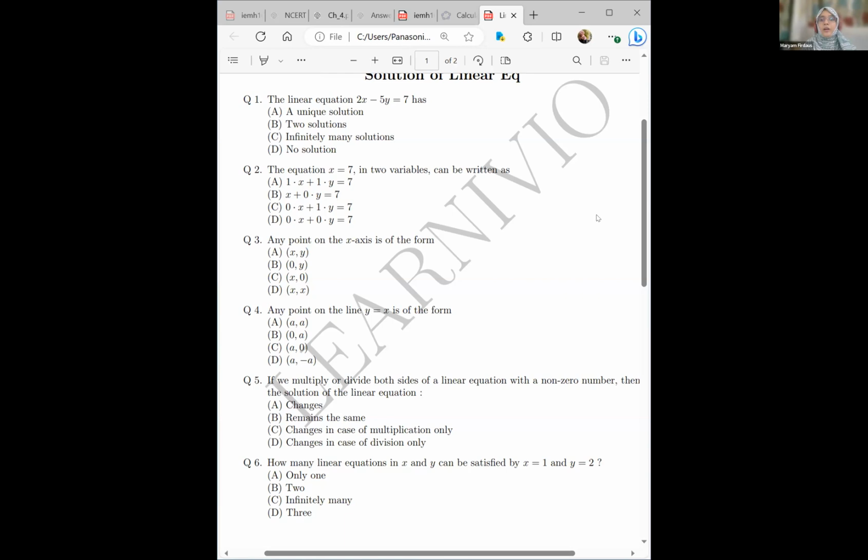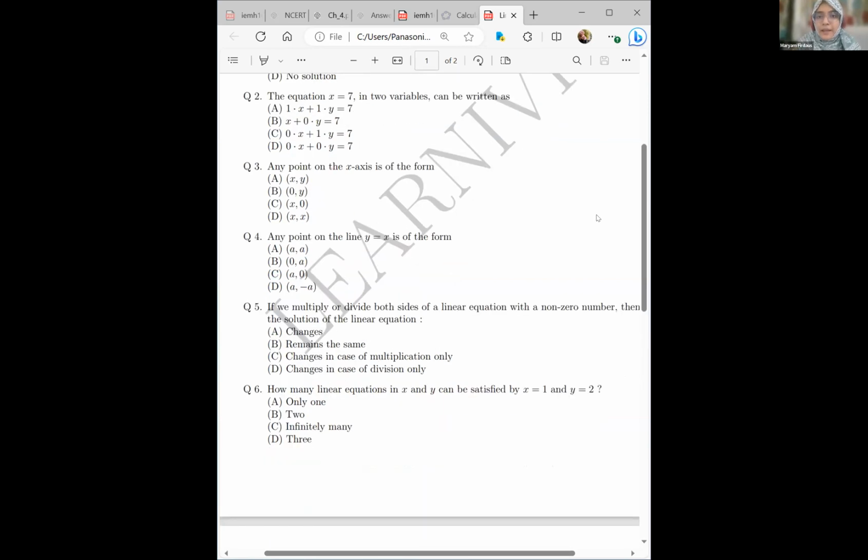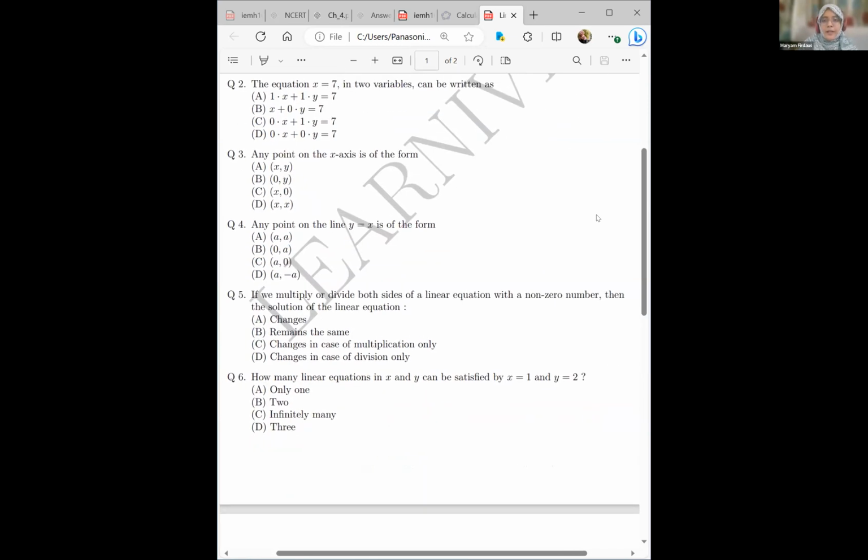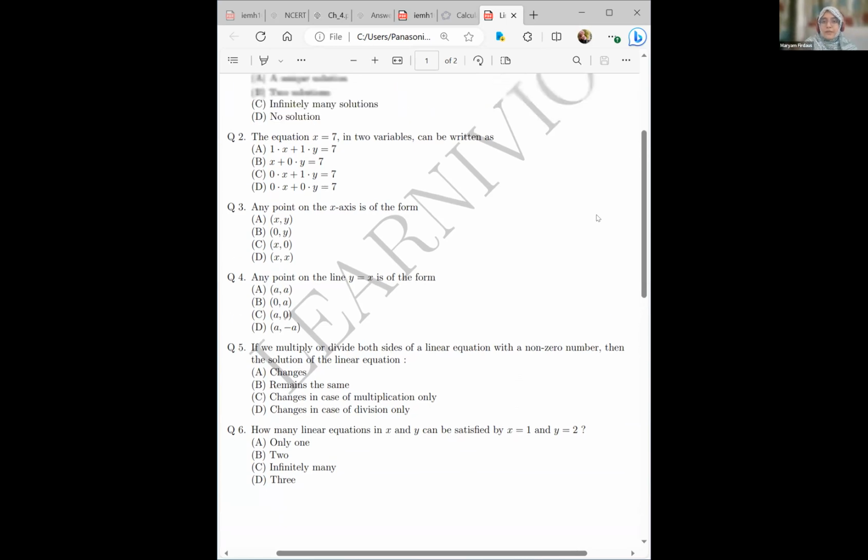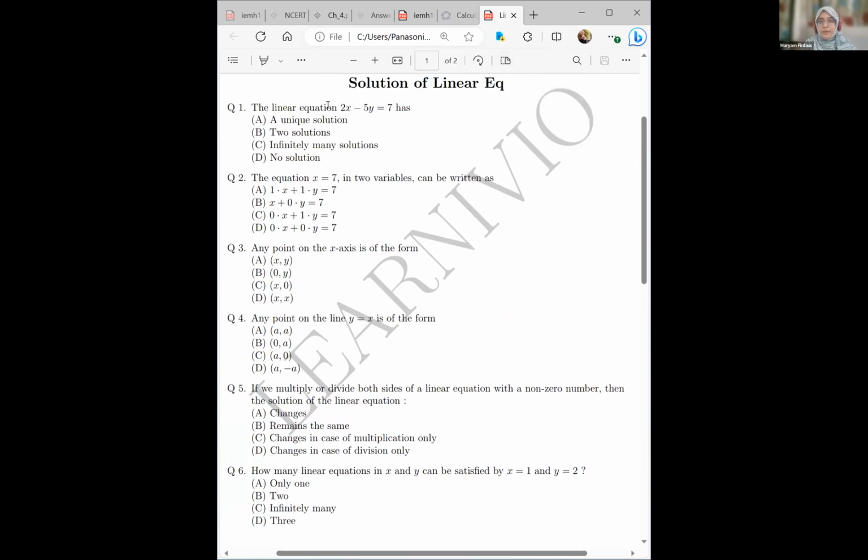Very good. If we multiply or divide both sides of a linear equation with a non-zero number, then the solution of the linear equation changes, remains the same, or changes in case of multiplication only or division only? Just imagine a linear equation, for example 2x minus 5y equals 7.